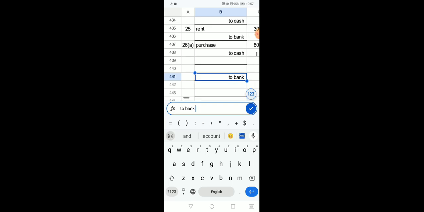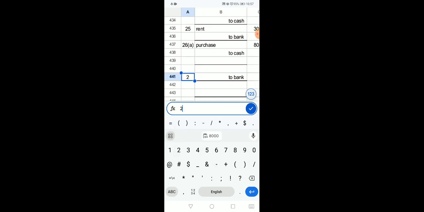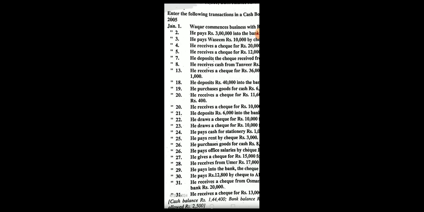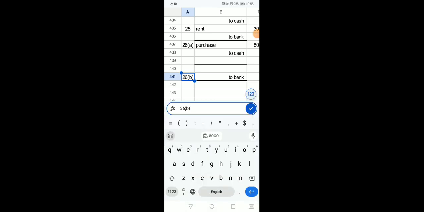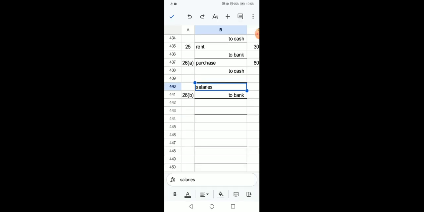Okay, so this was 26B. We were supposed to write the date first, but it usually gets missed. Okay, 26B is saying that you have issued a check. For what purpose? For office salaries. Office salaries, again, it's an expense. Expenses' place is debit, so you will write salaries over here, or you can write office salaries as well.